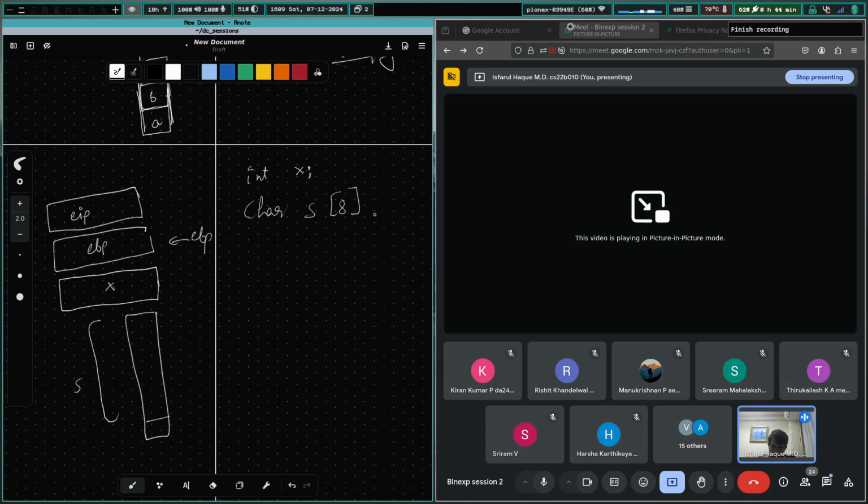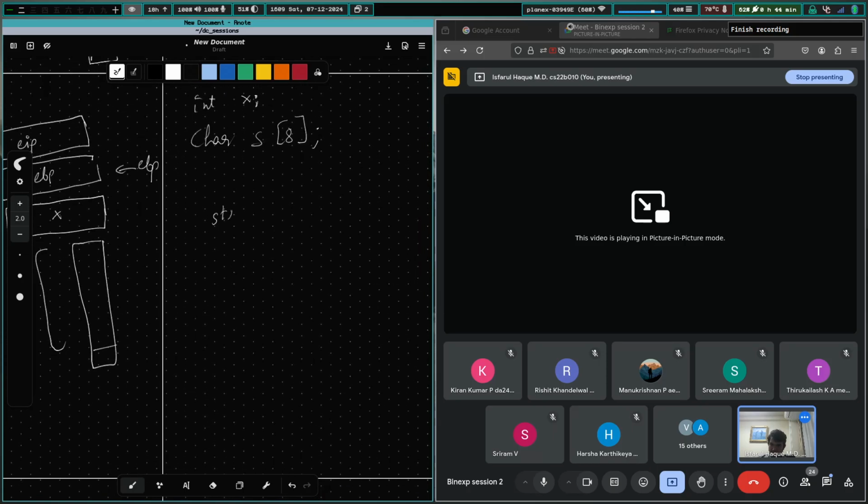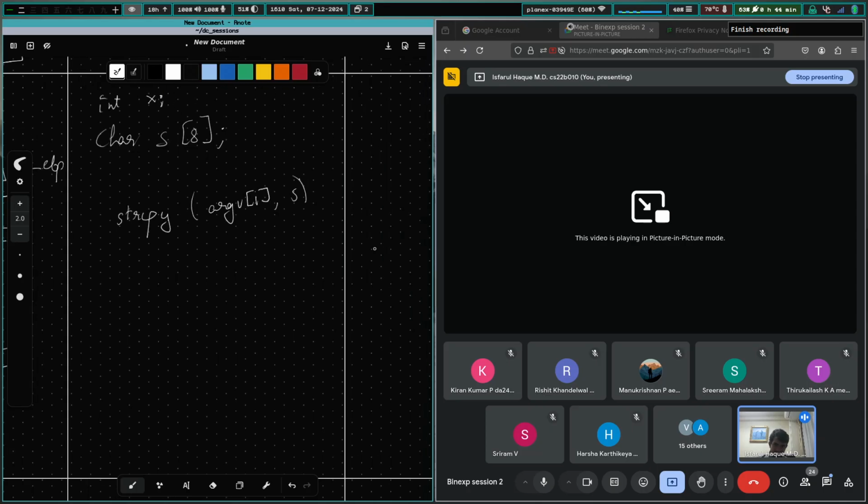And then we do a strcpy. I don't remember the syntax, I think it's source and destination again. argv1 comma s. Do you all know what argv1 and strcpy are?